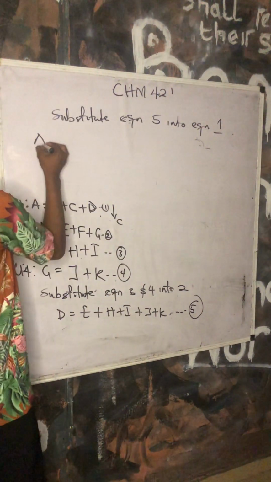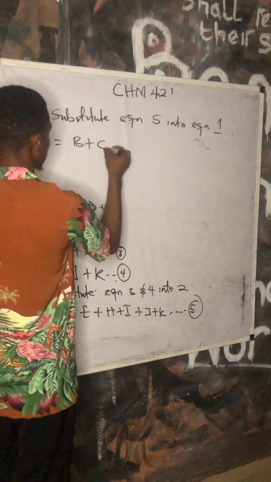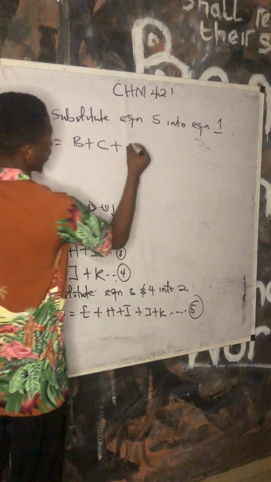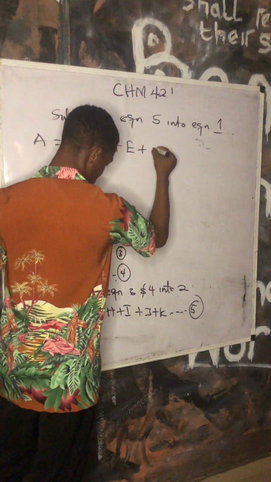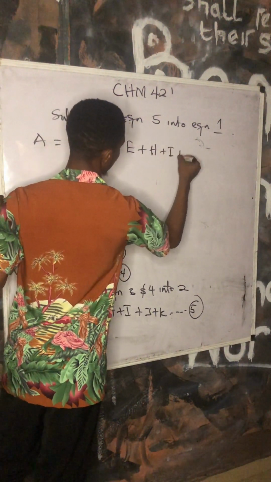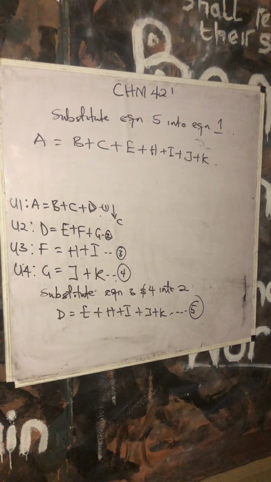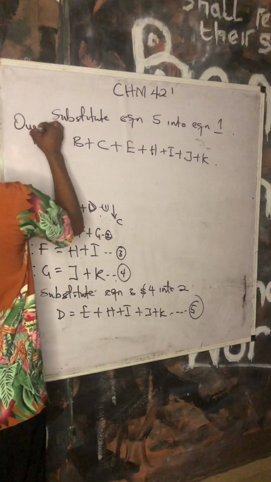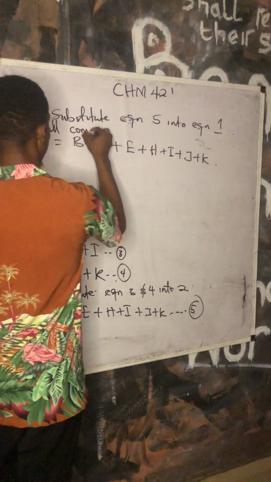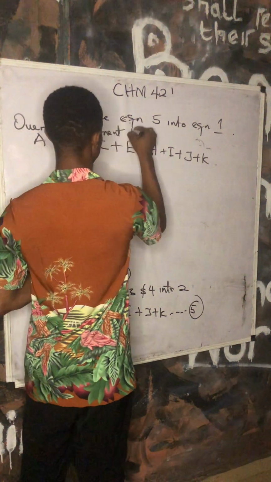So I will say A is now equal to B plus C plus, instead of writing D now, I'll write E plus H plus I plus J plus K. So now that is the overall component balance.